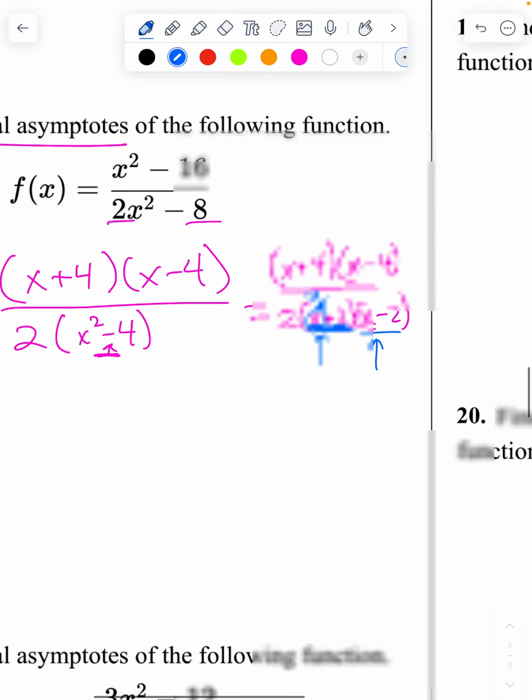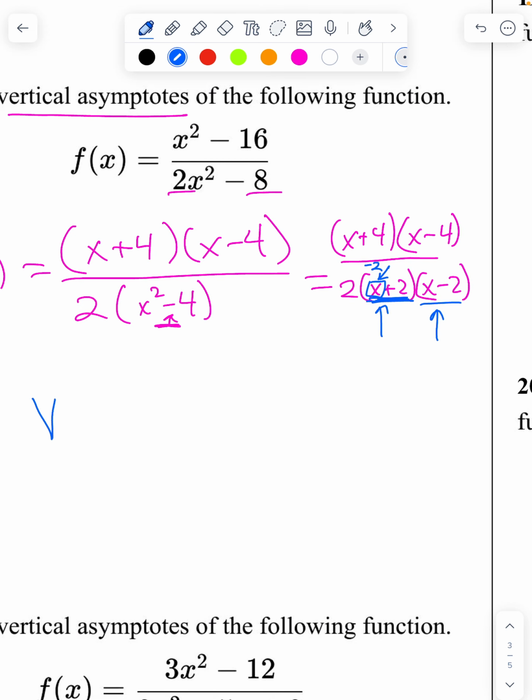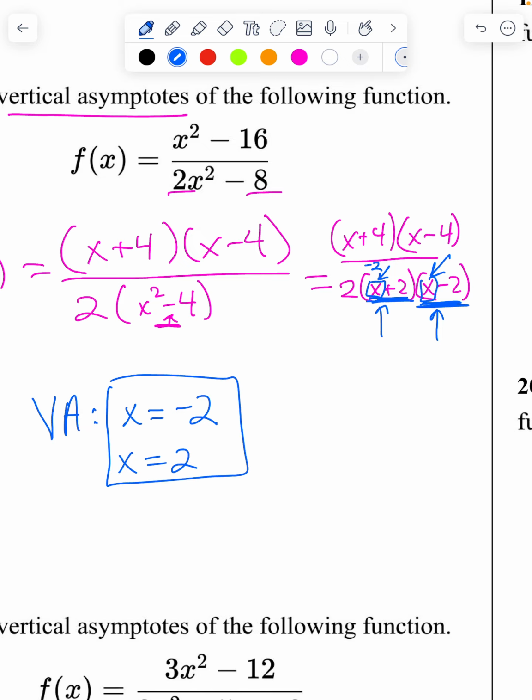So one of my vertical asymptotes, I'm going to write VA for vertical asymptote, is x equals negative 2. And the other one is going to be what I would put in right here to make this part 0, and that would be plus 2 minus 2. So that'll be x equals 2. So this one has 2 vertical asymptotes.